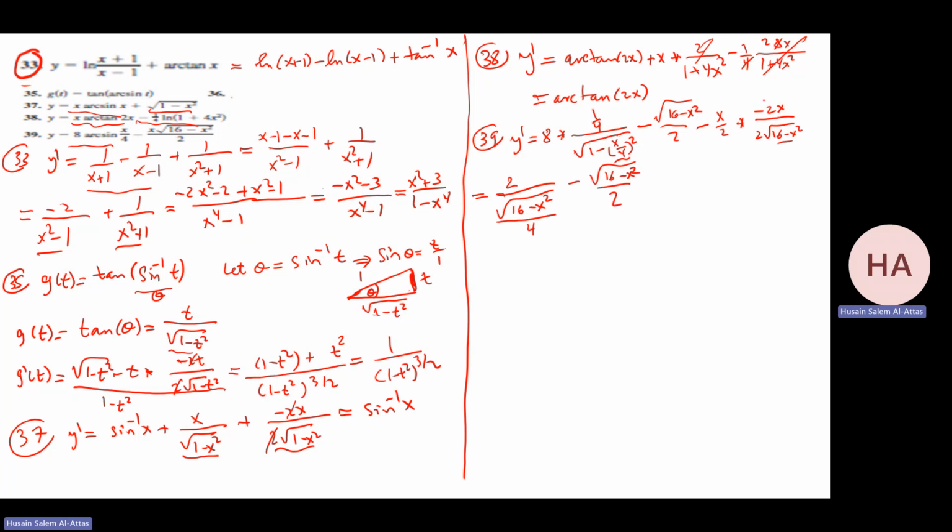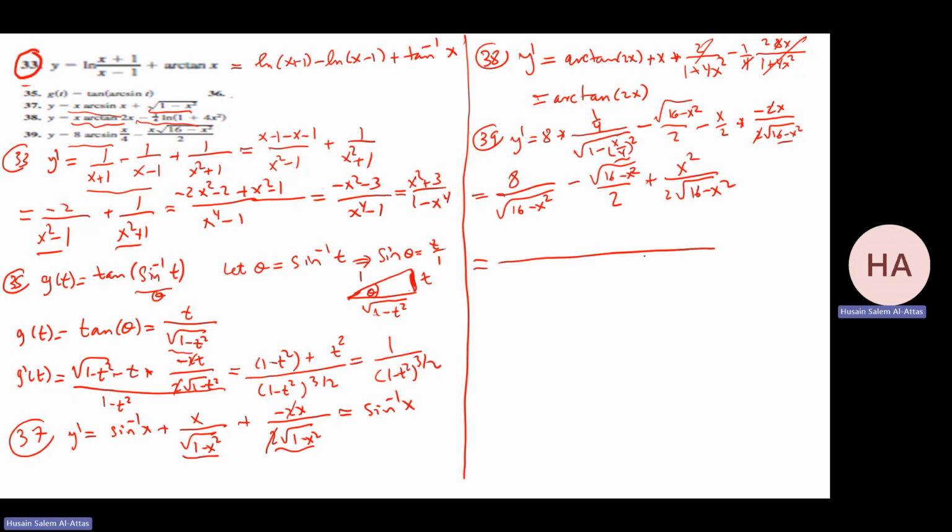Here I have what? These 2 cancelled. So I have plus x squared over 2 root 16 minus x squared. This one, since it's over 4, I can make it 8 to save time.